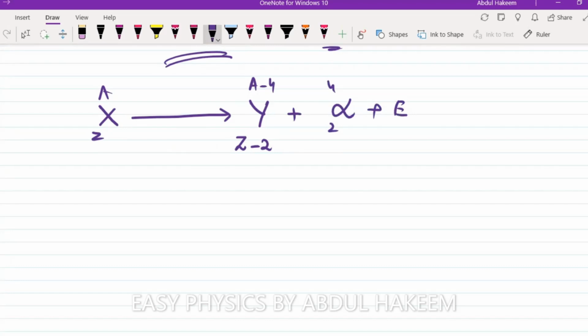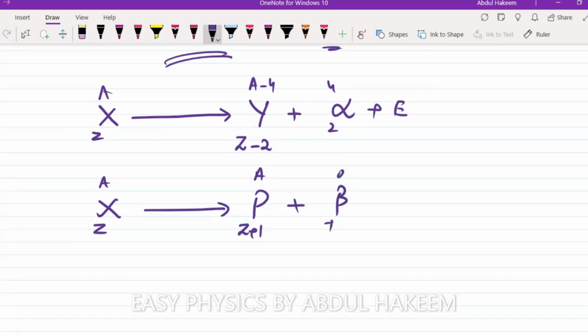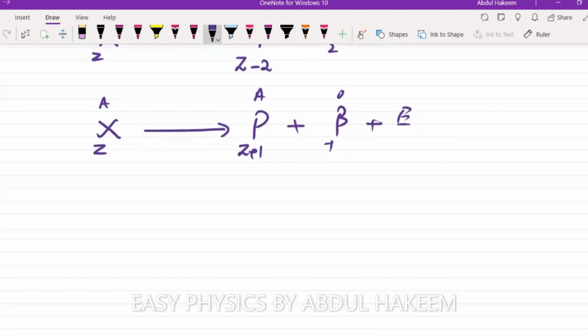Similarly, when beta is emitted, it is a new element, suppose P. Proton number increases by 1 because a neutron is converted into a proton. Mass number remains the same. A beta particle is emitted, and some energy, and some particle. And if this element is emitting gamma, it remains the same.